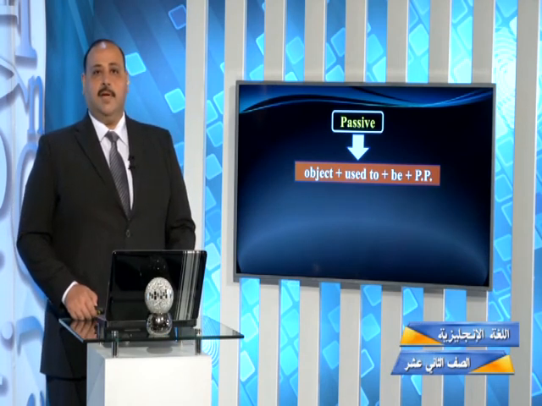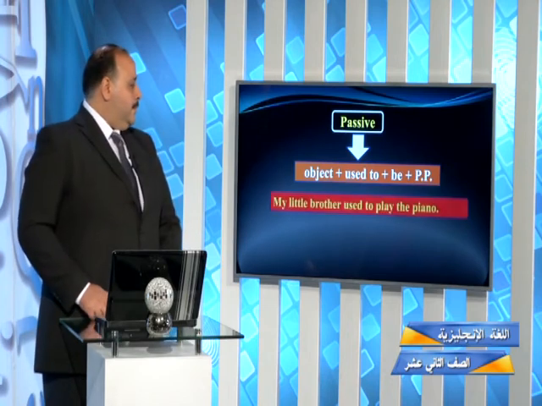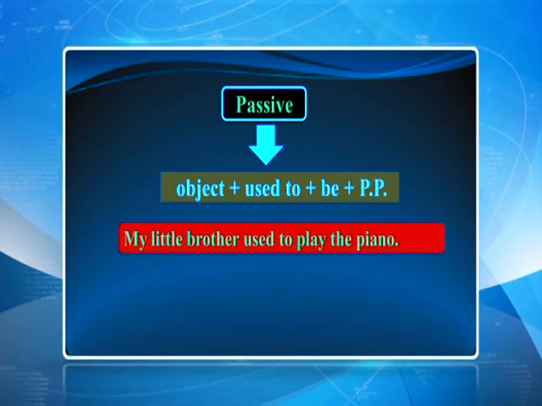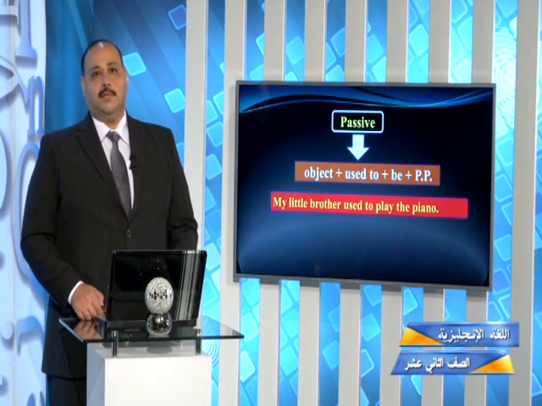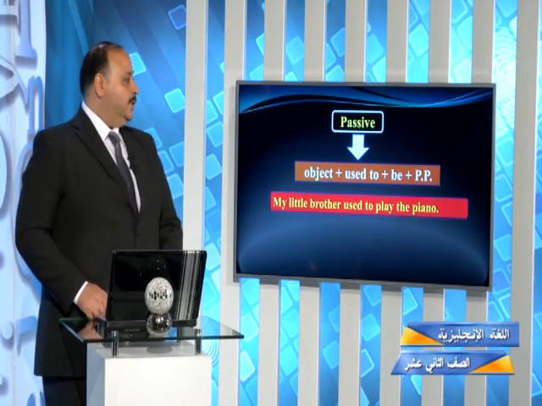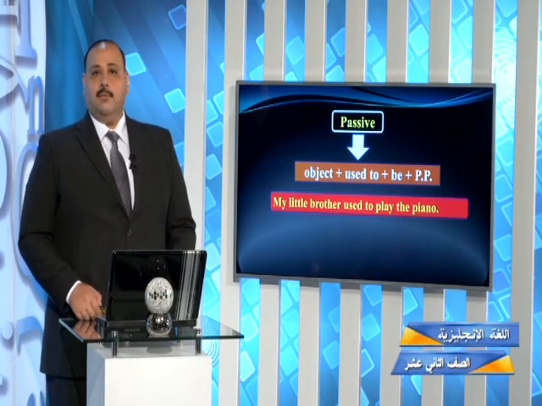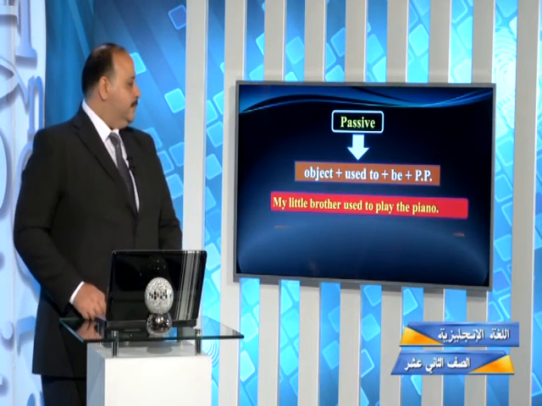Now let's have an example. My little brother used to play the piano. Okay, now we want to change it into passive. Normally we start with what? As you see the rule, we start with the object. Now, where is the object here? It's the piano. Now let's do it.